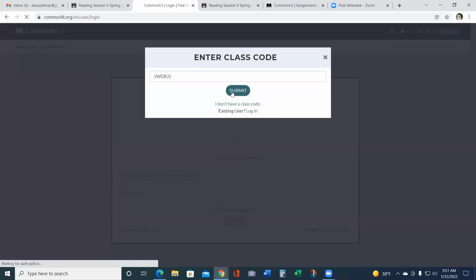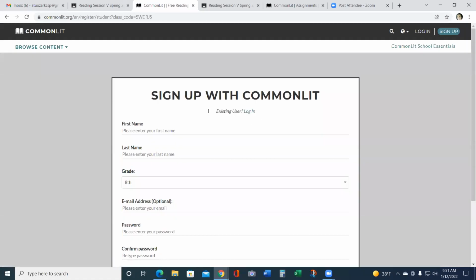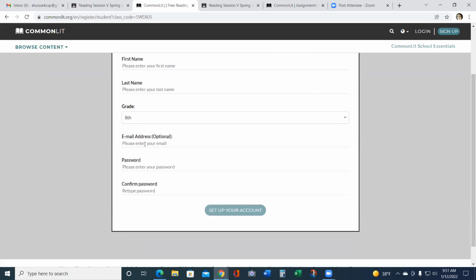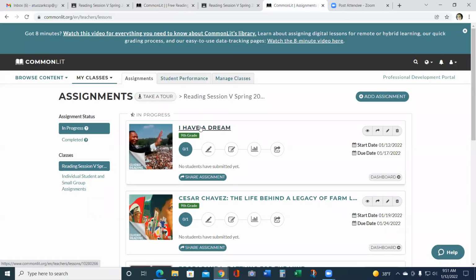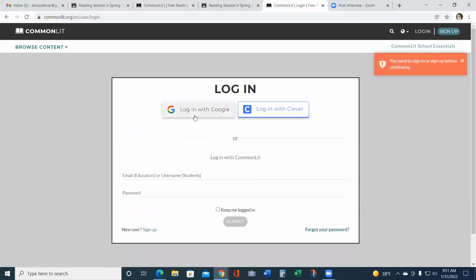Paste it and then submit. And then it's going to come up with this sign up with Common Lit, and you're going to fill out this information. Just make sure you remember your password so you can get back in. And you're going to set up that account, and it's going to take you directly to work on your assignment there.